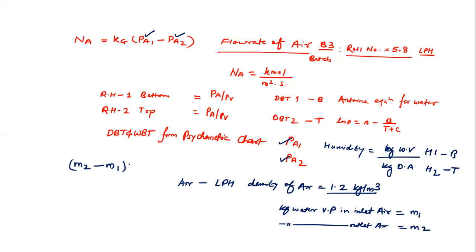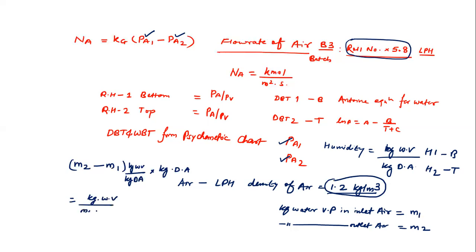So this is kg of water vapor per kg of dry air into kg of dry air, which was a flow rate, which is roll number into 5.8. Convert this with a density 1.2, so this will give total amount of water vapor added to the system. Convert that, we got in kg of water vapor, divided by molecular weight of water, which is 18.